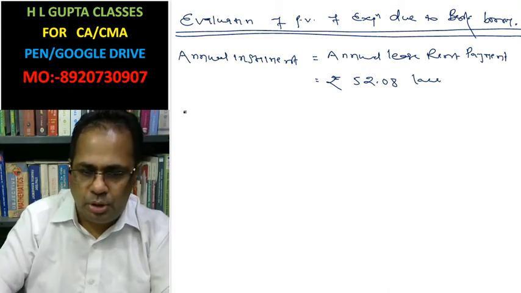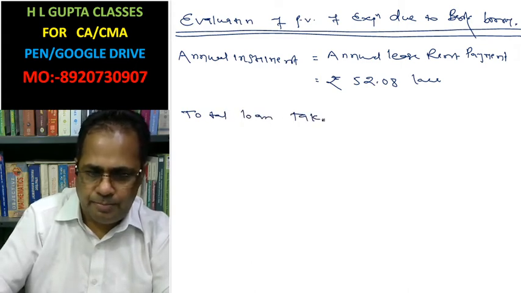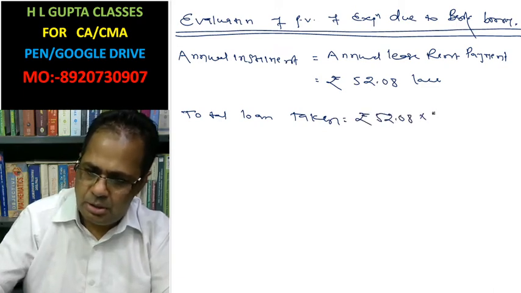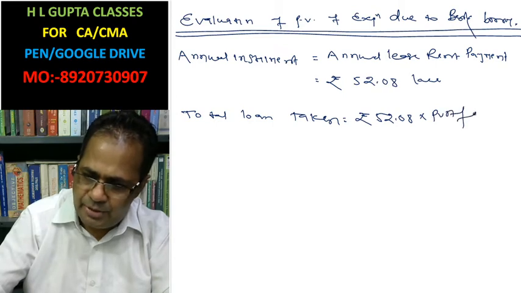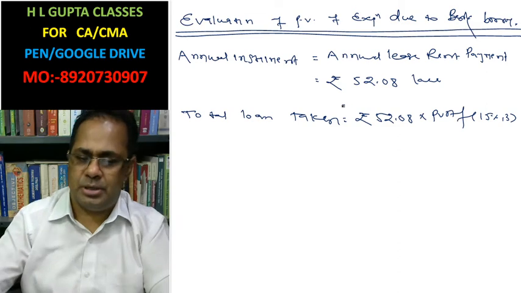The total loan taken is paid over the 3 years at the annuity factor of 15%, because the interest rate is 15%.